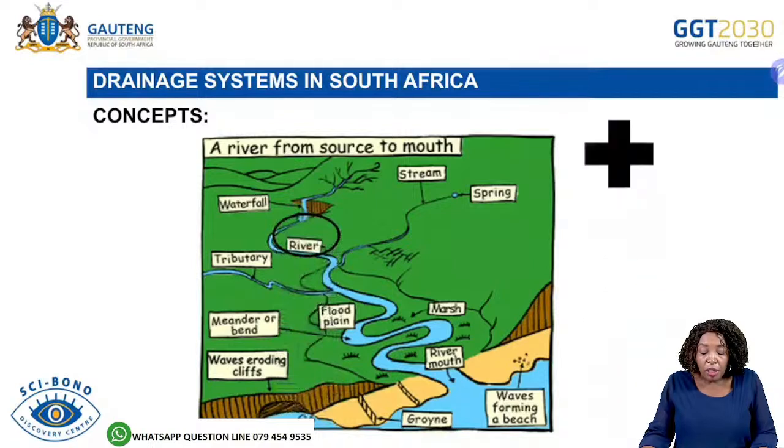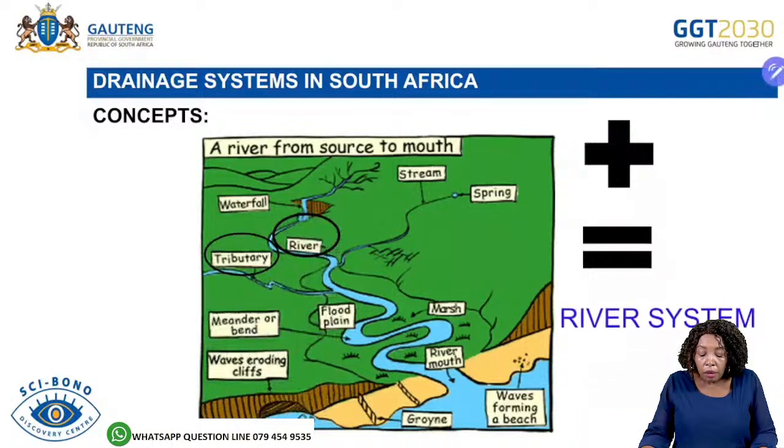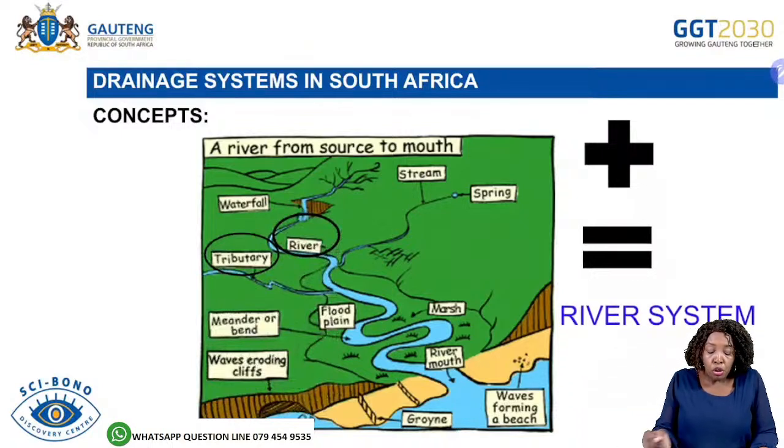Then we are looking at the concept of a river system. What we have here is a river, the main river that we can identify here, and from this river, we can identify the tributary that is joining it. So here's the river that we are talking about, and this river is joined by a tributary.